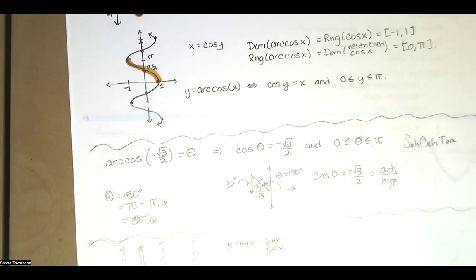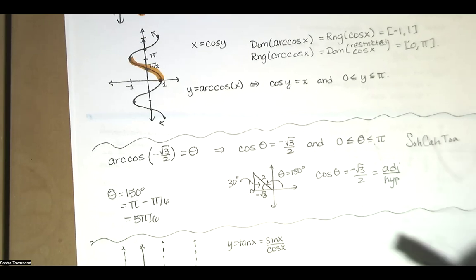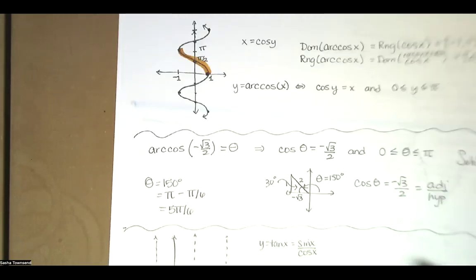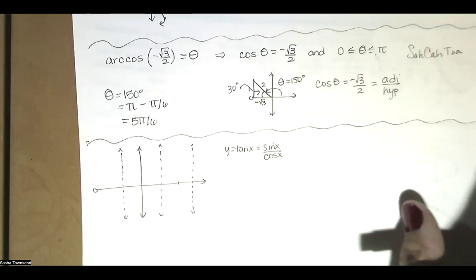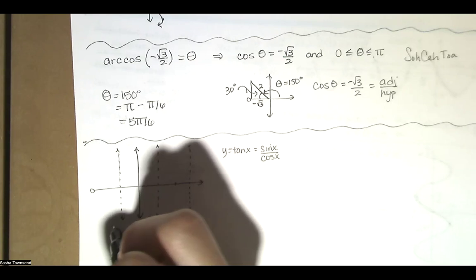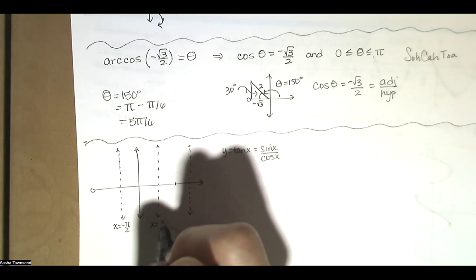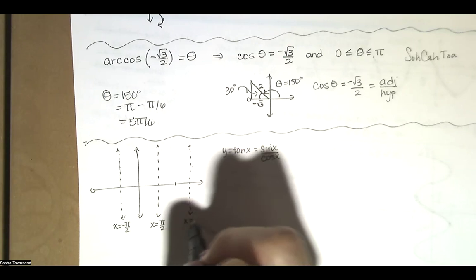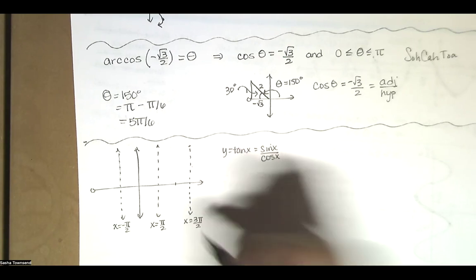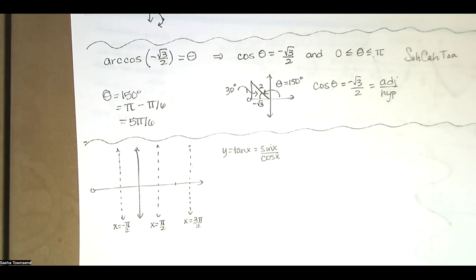So the tangent function has asymptotes whenever cosine of x is equal to 0. And we know cosine of x is equal to 0 at all odd multiples of pi over 2. So at x equals negative pi over 2, at x equals positive pi over 2, at x equals 3 pi over 2, and so on. Our tangent will be undefined, and it's increasing.